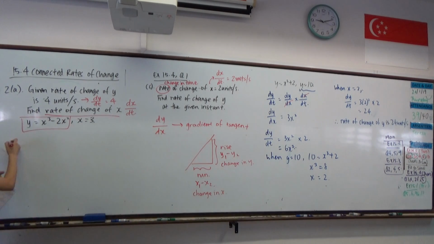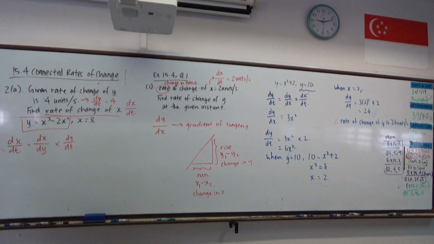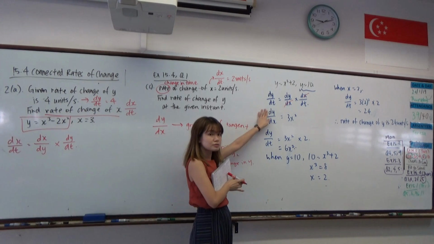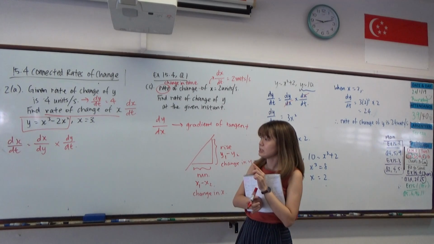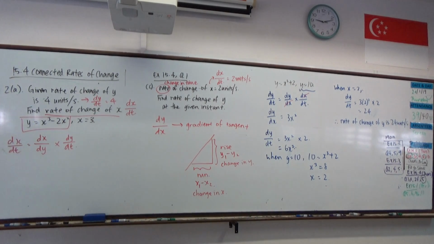We want to find out what dx over dt is. In order to put our formula in, we need dx over dy times dy over dt. Agree? So that it will equal dx over dt. Correct or not? Based on our understanding of connected rates of change earlier, in order to have dx over dt, we need dx over dy times dy over dt.